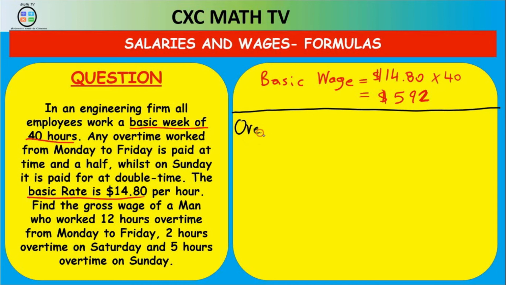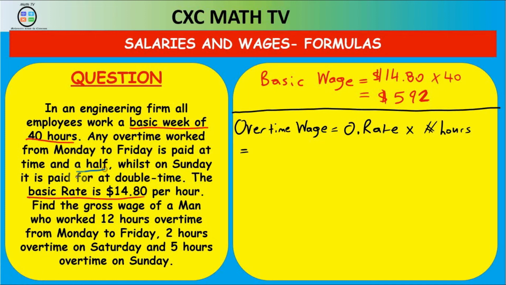So now for the overtime wage. Again, remember the overtime wage is equal to overtime rate multiplied by the number of overtime hours worked. Now the overtime rate they told us is different. Monday to Friday is paid at time and a half. Let me underline it in the color blue.